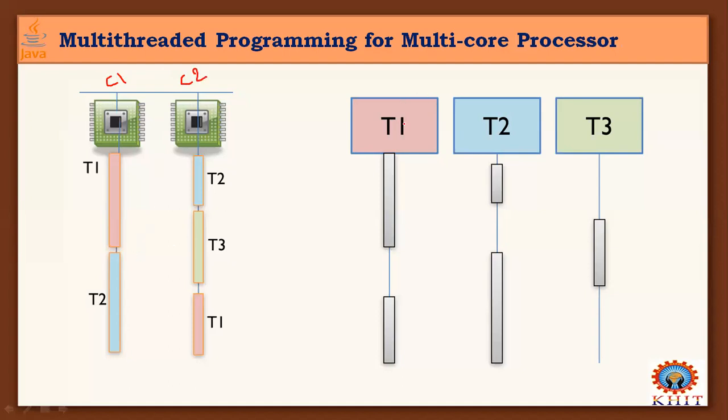I have three threads T1, T2, T3 and these are the tasks of execution of these threads with some delays. So at this time, T1 is started, and T2 and T3 are not started. So T1 is started, right? So this one is switched to core 1.